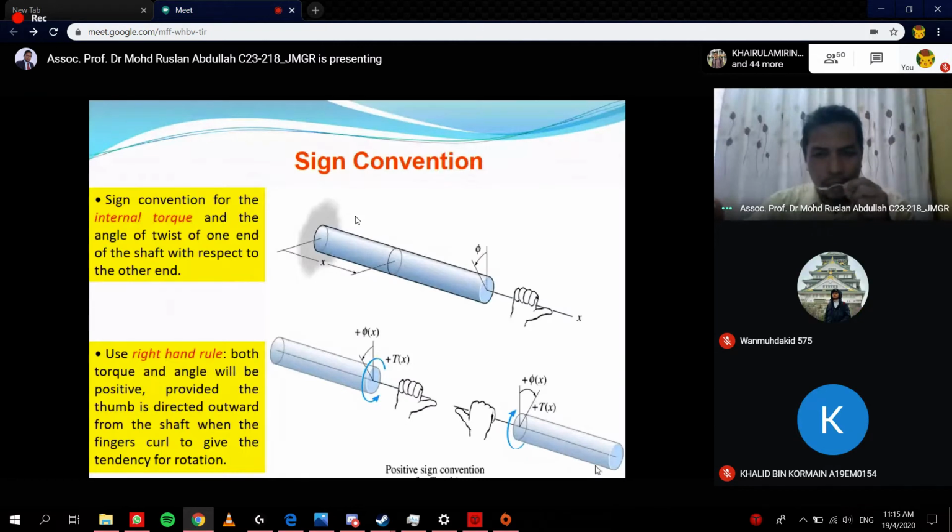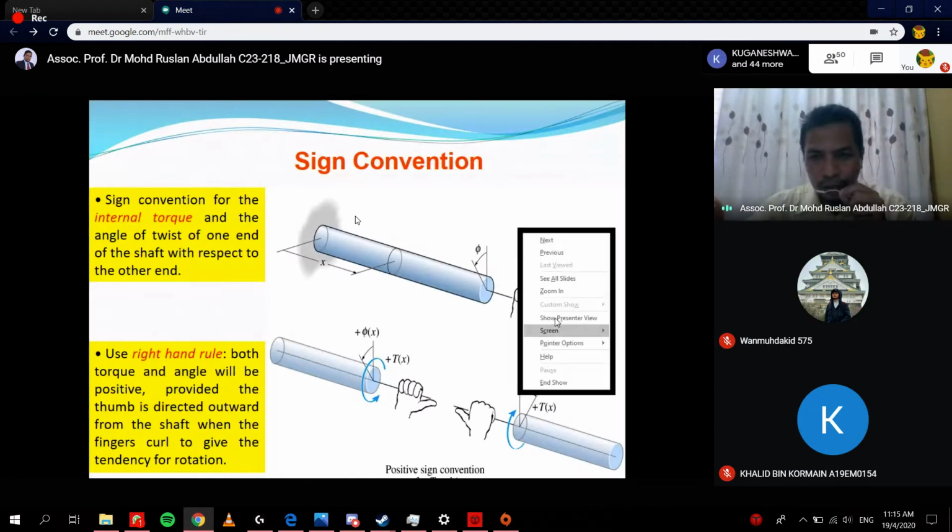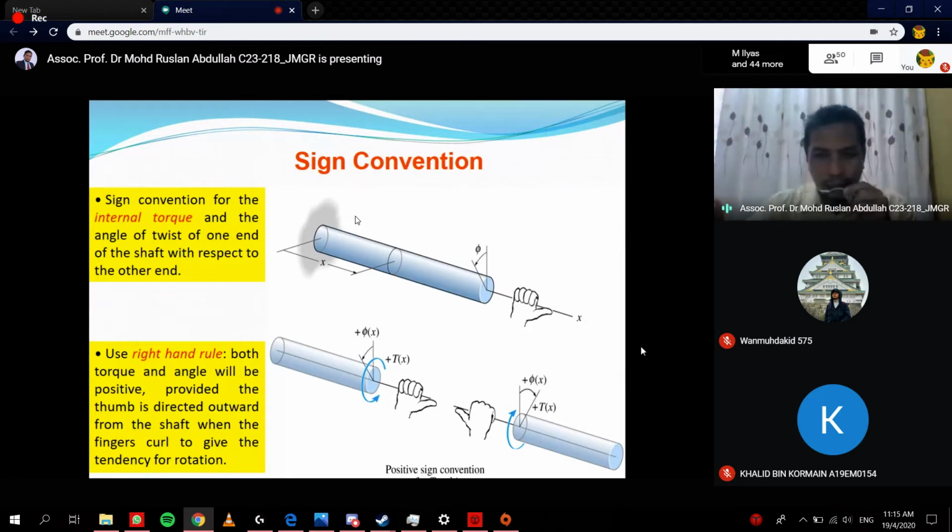So it means that if we cut here, we have two parts. The first part is here, and the second part is here. It doesn't matter which part you refer to.